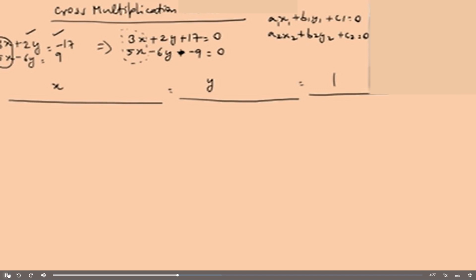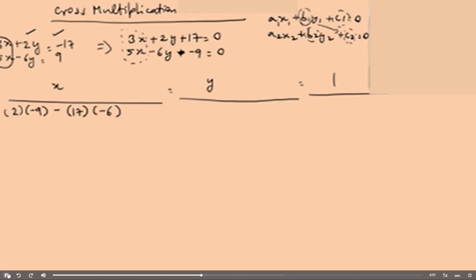In this format, I would first take this coefficient, cross multiply it with this number, and after doing that I would do minus and cross multiply this and this. So let's start first. x divided by 2 into minus 9 minus 17 into minus 6.